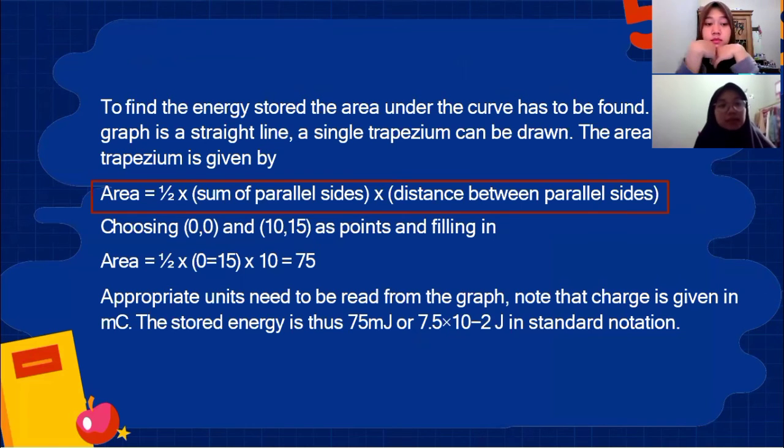That is 1/2 times (0 + 15) times 10. So the value is 75. The appropriate unit needs to be read from the graphs, not that the chart is given in the answer.